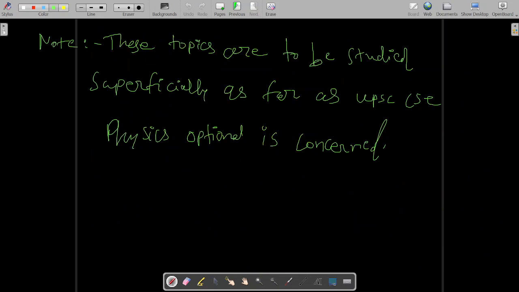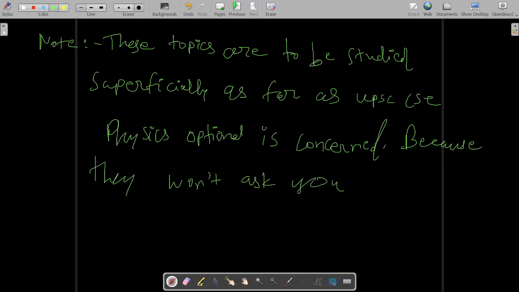are to be studied superficially as far as UPSC CSE physics optional is concerned, because they won't ask you the details.